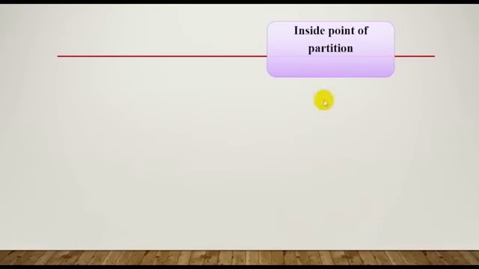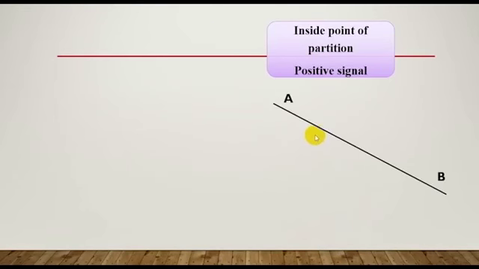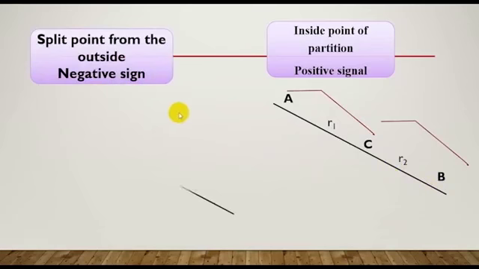Now we have inside, and this is a positive sign. If I have A and B, this will be our line and C inside, so we will have ratio R1 with the other part being R2. Outside means that A and B are there and this C is outside, not in between.